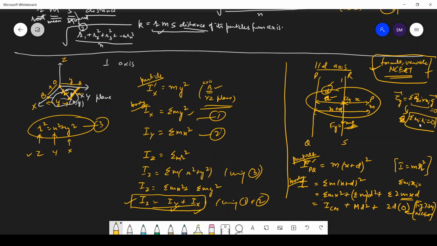So sigma mi ri is 0, and here ri is your x, so sigma mi xi is 0, and that is why this sigma mx is equal to 0. So this term will be cancelled out, so you are left with the moment of inertia equal to the moment of inertia around the center of mass plus mass of the body into distance d squared.